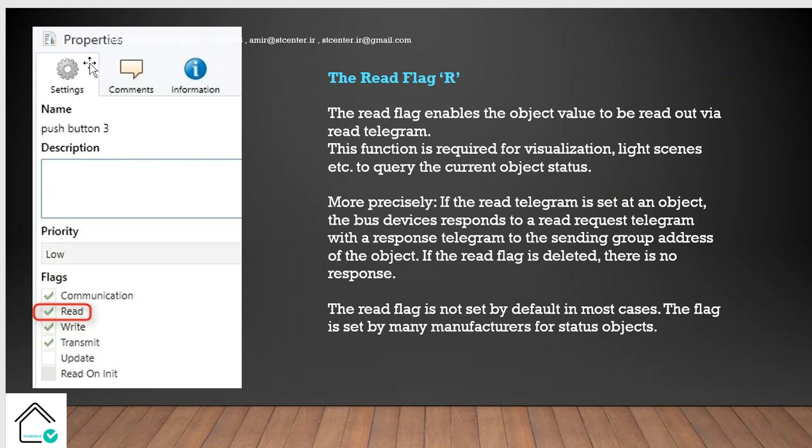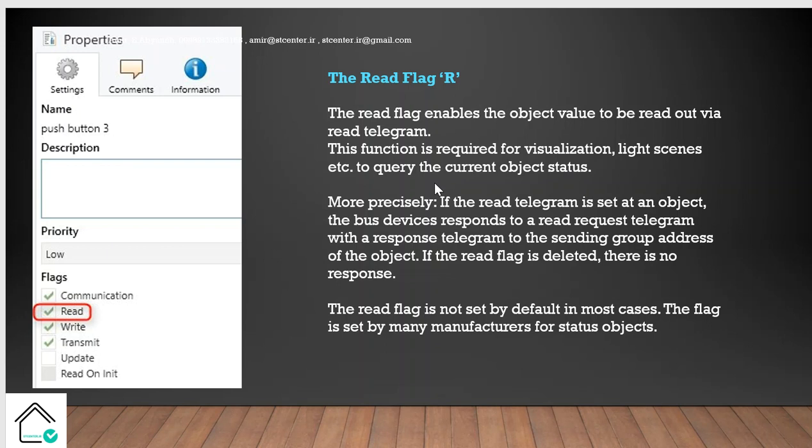The next flag is the R flag, or we can say the read flag. The read flag enables the object value to be read out via a read telegram, so there is the sense of status from the actuator side.